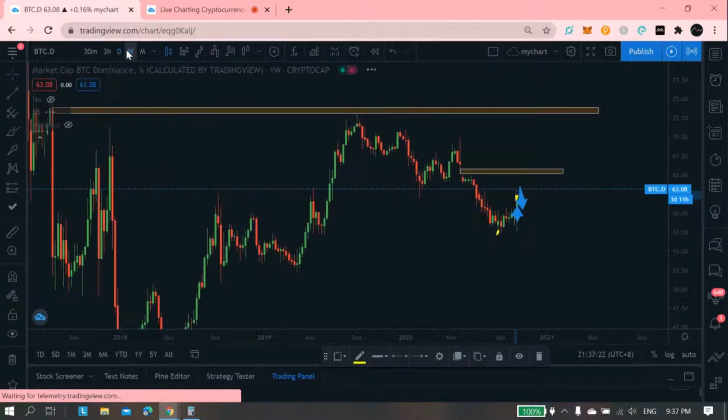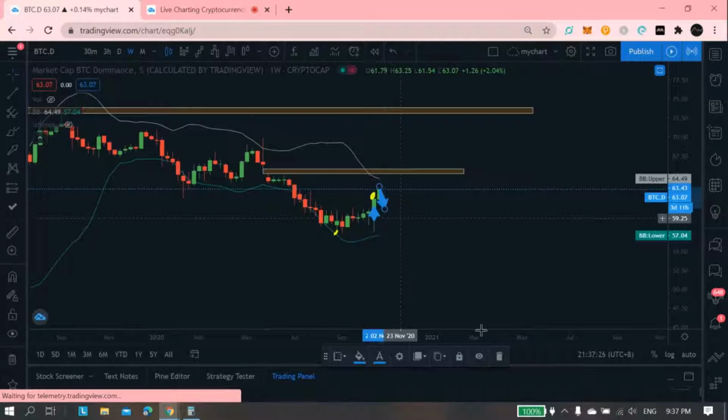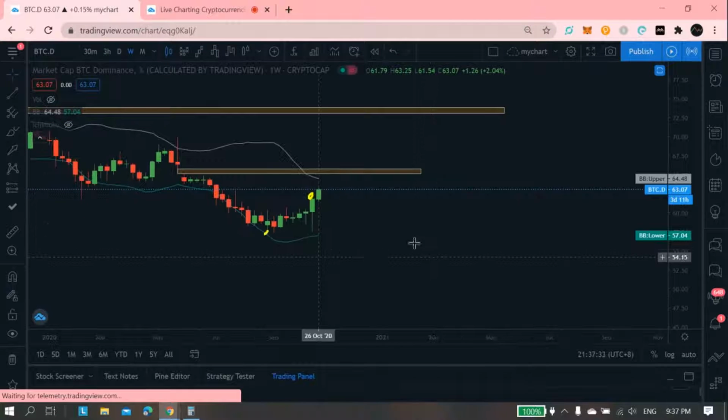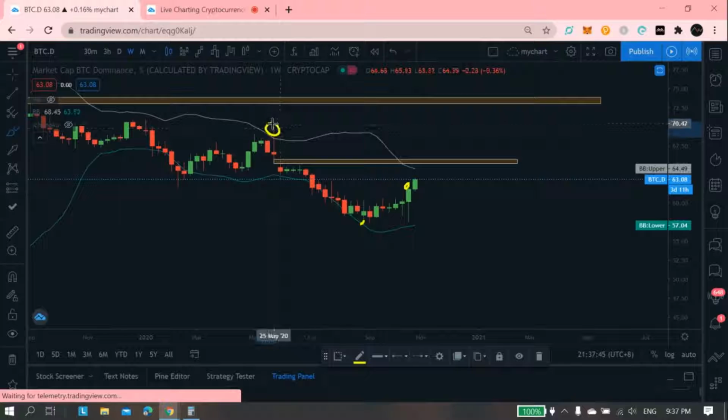But looking at the weekly time frame, let's remove this arrow marker. There's still possibility really to fill this gap, because sometimes the candles can go outside the band.